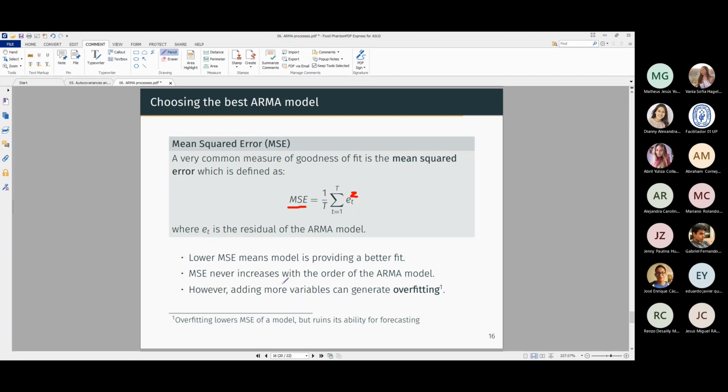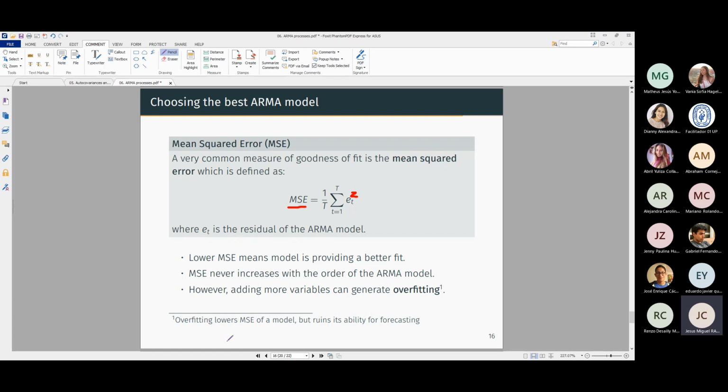That's why, instead of using the R square in econometrics one, we use the adjusted R square, because the adjusted R square considers the fact that you are using more variables and penalizes models with more variables that add little information to explain the dependent variable.